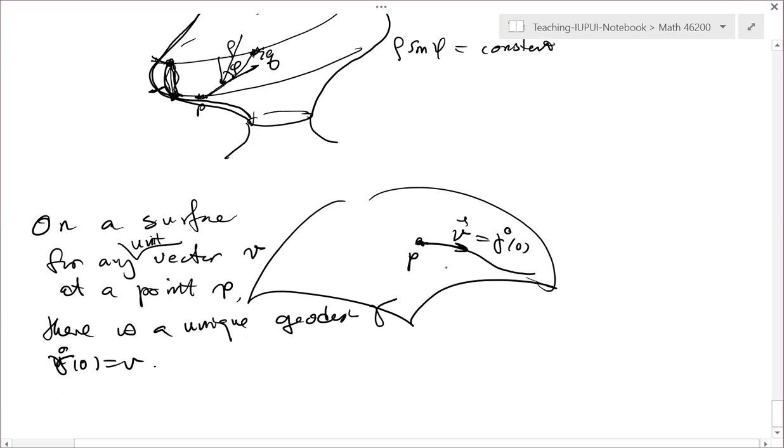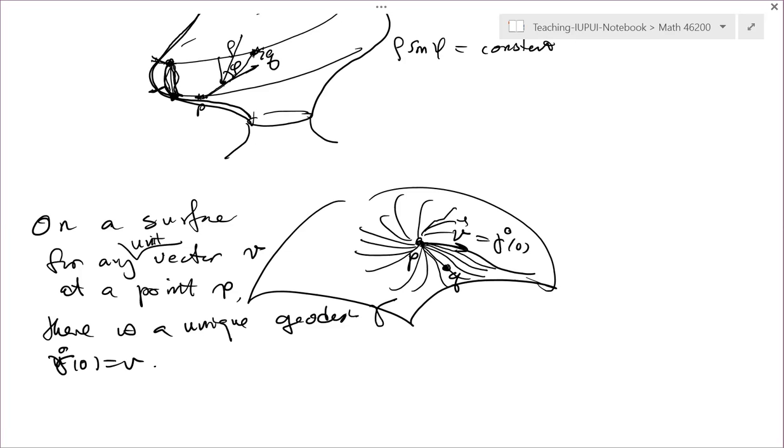If the point Q is close, how can I find the geodesic? I look at all the geodesics going out from this point. Eventually you find the one from P that passes through Q, because all the geodesics coming out from the point are supposed to cover the whole surface.